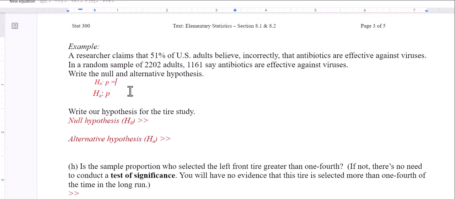So P equals 0.51. And this happens to be the claim. The researcher claims that 51% of US adults believe that antibiotics are effective against viruses. Because it doesn't say more or less, then that is equality. So P equals 0.51, and the alternative will be P is not equal to 0.51.